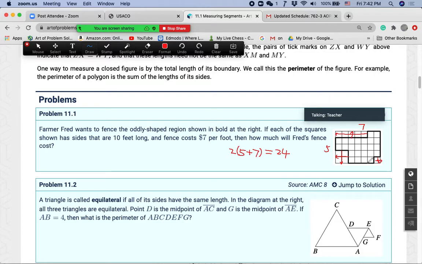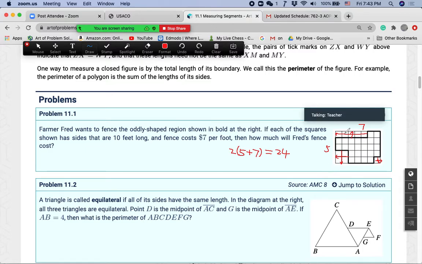Then it will be very easy to calculate the perimeter, right? You don't need to count one by one. You just calculate the perimeter of that rectangle or square, and you get the same answer for the perimeter of this ugly shaped region.